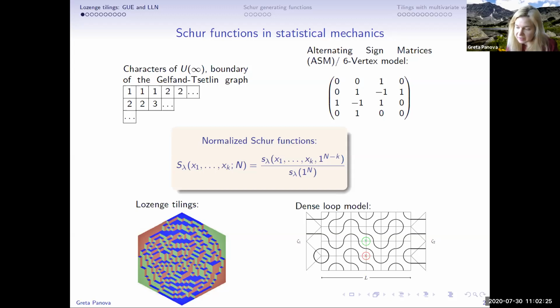So all of them are the Schur functions, and they can be used to analyze a lot of models. You will see why they're so prolific in a moment, but basically today's talk we are going to focus on Lozenge tilings.